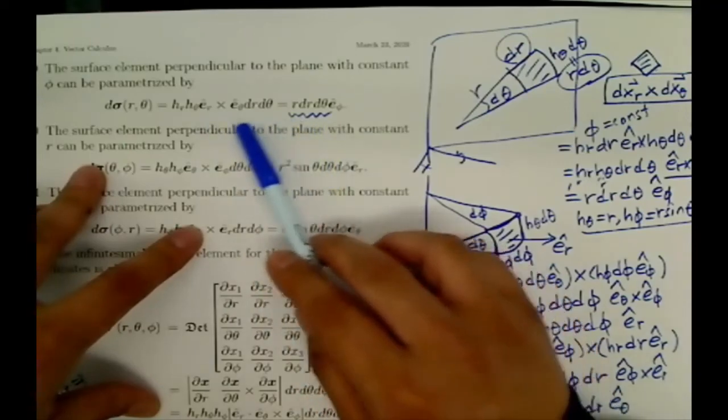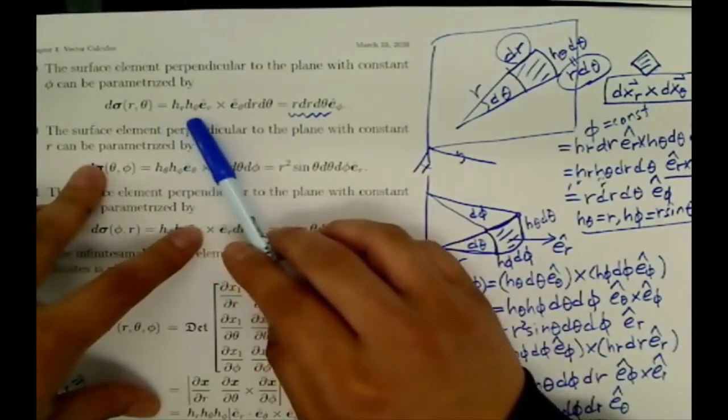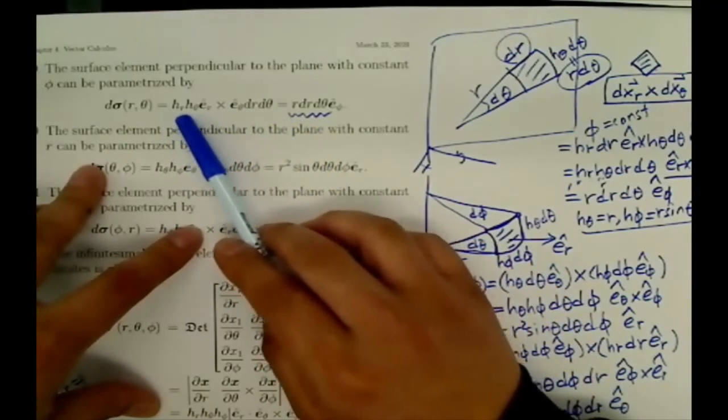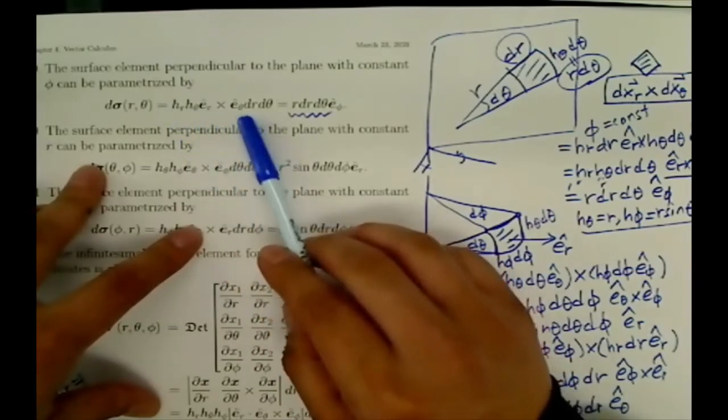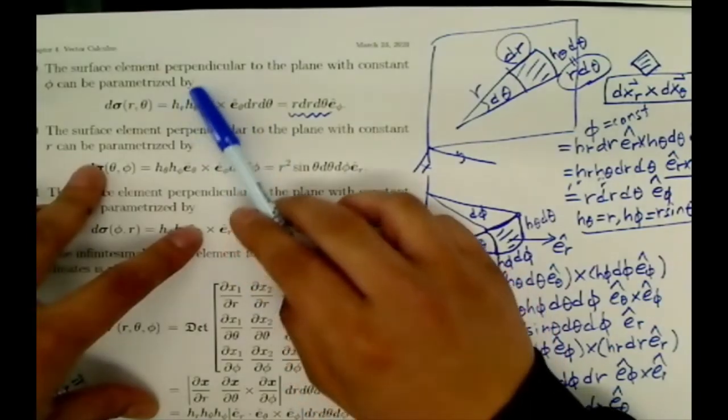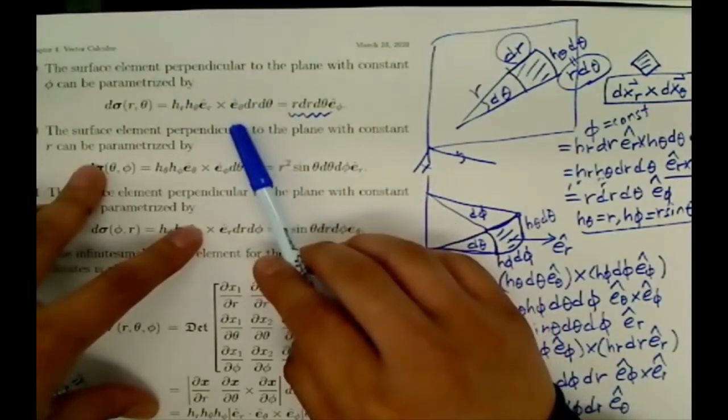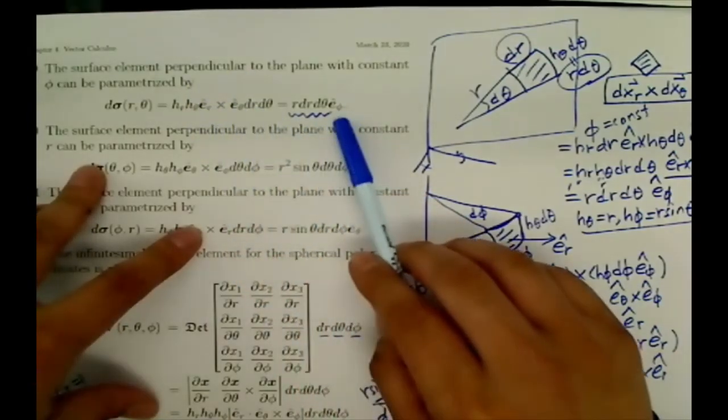So we have a product of scale factors along those directions and the cross product of the two. The cross product of the two is just the other one: E_r cross E_theta becomes E hat phi.